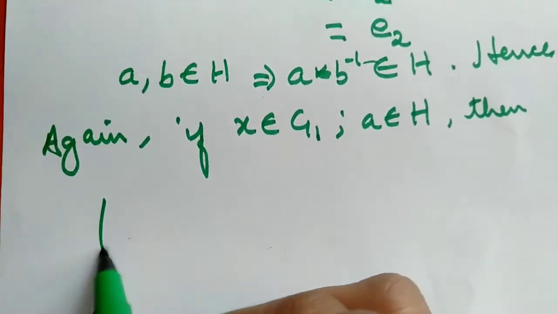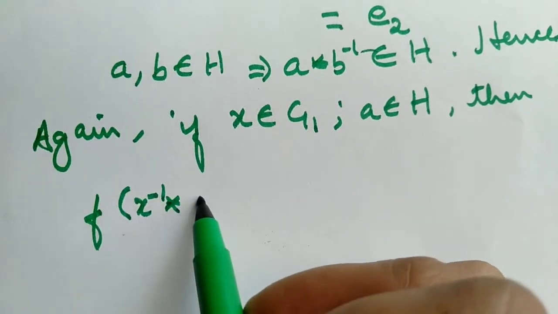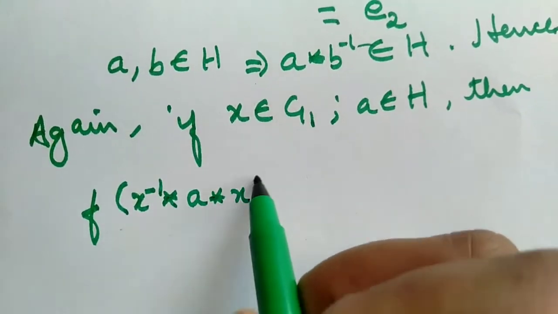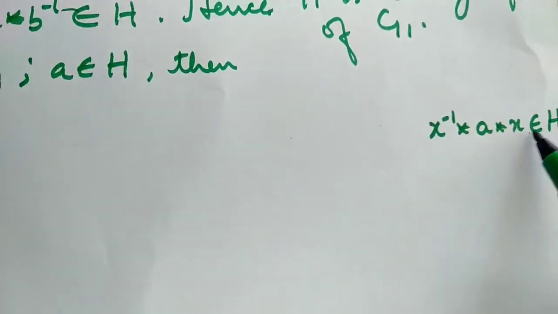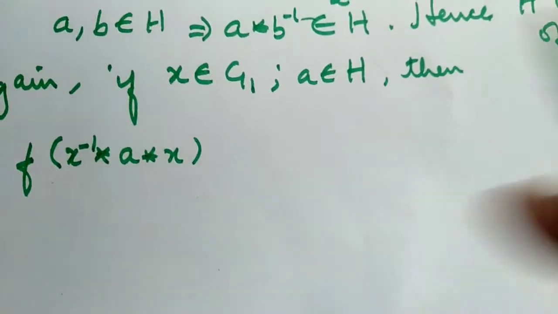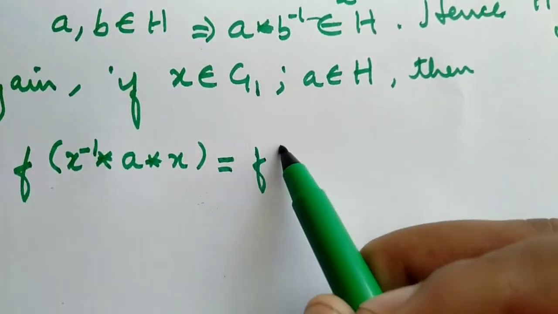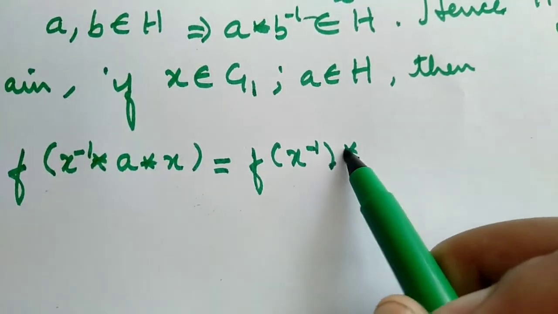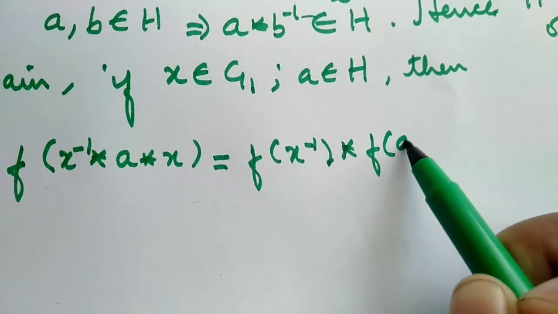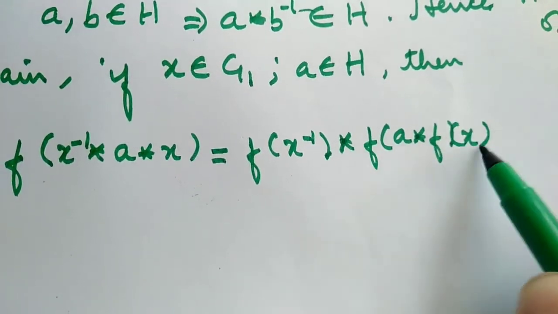F of X inverse star A star X. Why do I go by this? Because I want to show that X inverse star A star X belongs to H. Since it is a homomorphism, I can write F of X inverse star F(A) star F(X).